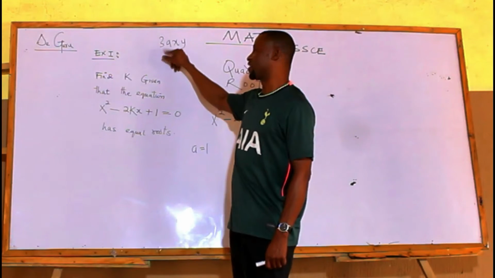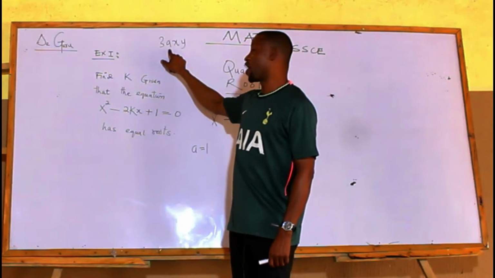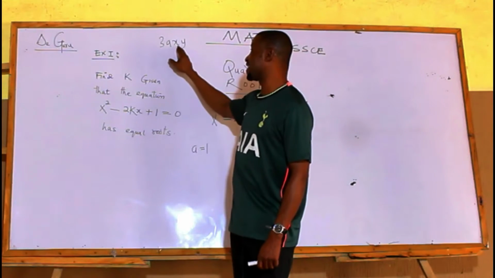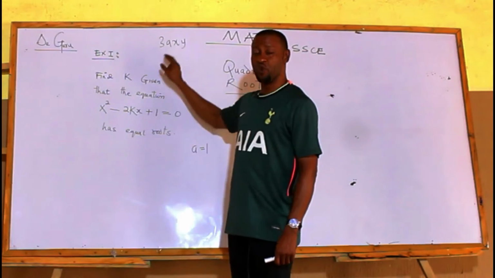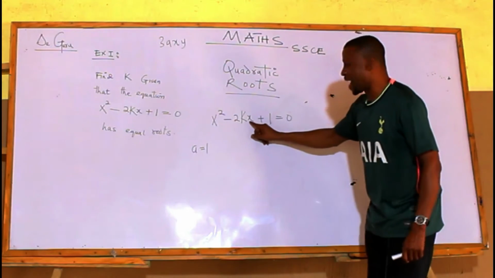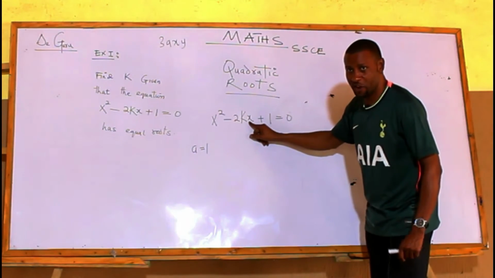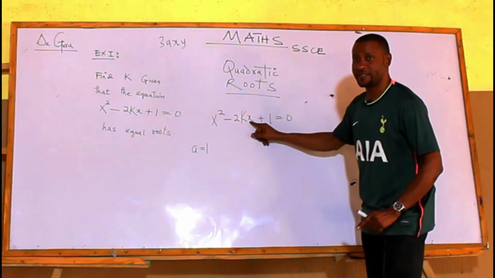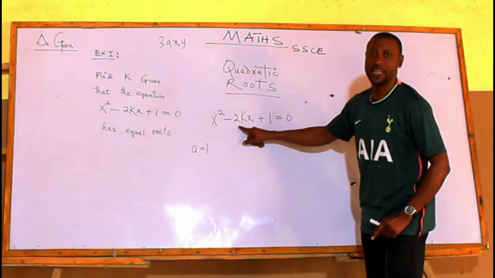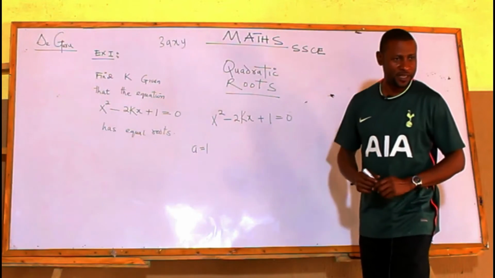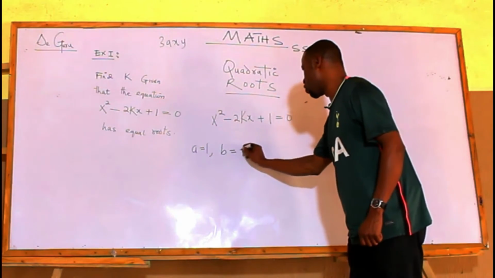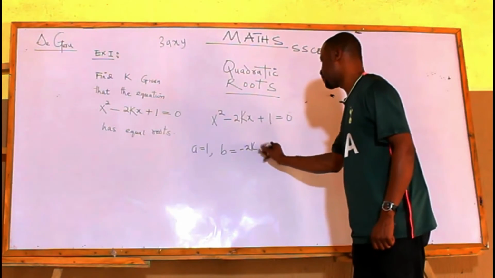Everything surrounding x that is multiplying x is the coefficient of x. So in this case, see my x. What follows that x? Minus 2k. That's your b. So I will write that my b is equal to minus 2k.